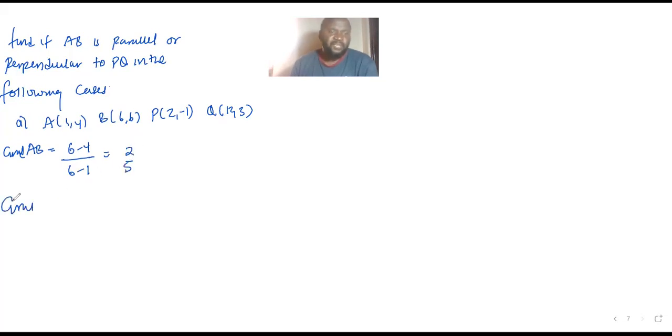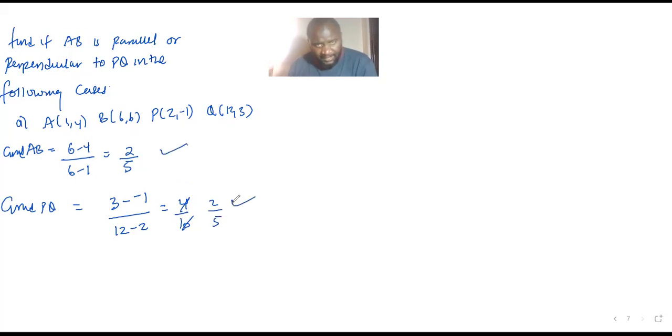Then the gradient of PQ is going to be (3 minus -1) out of (12 minus 2), giving me 4 out of 10, which is 2 out of what? 5. When gradients are the same, what do we conclude? Cynthia?